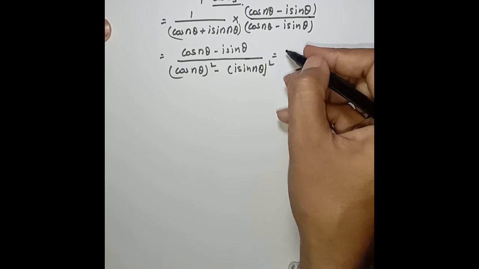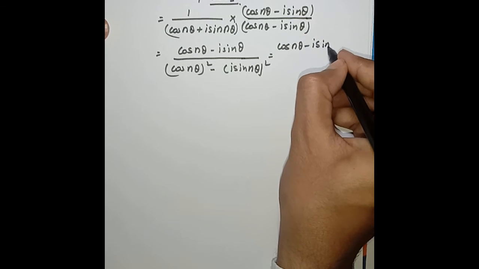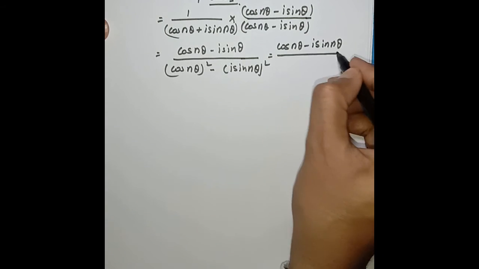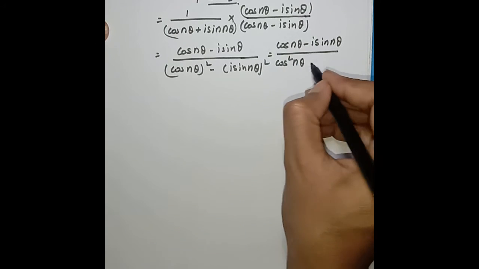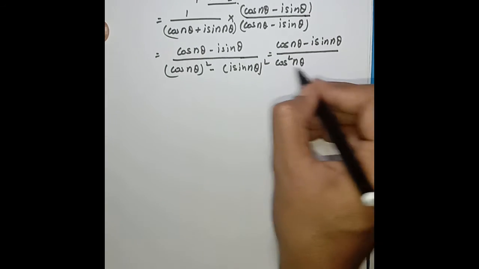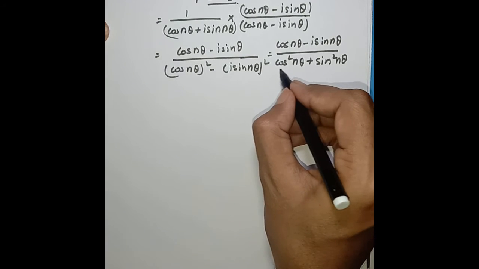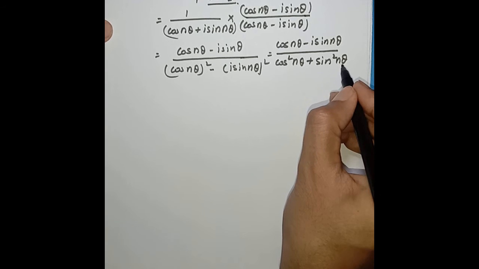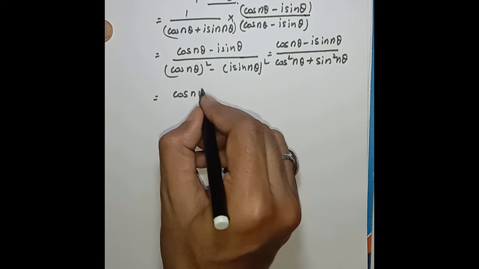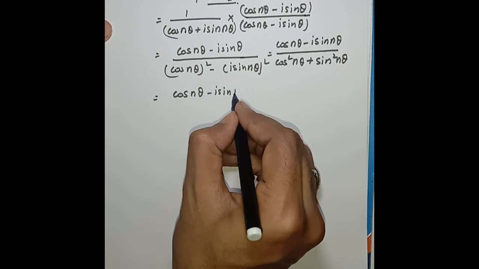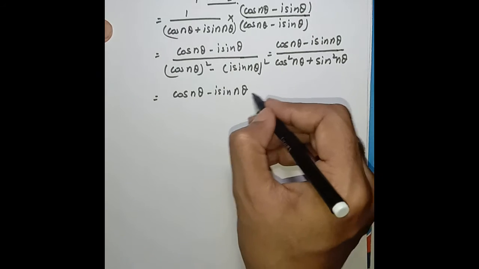This is equal to cos nθ minus i sin nθ over cos square nθ, i square is minus 1, so minus minus plus sin square nθ, and cos square θ plus sin square θ is 1. We have cos nθ minus i sin nθ, and in the denominator it is 1.